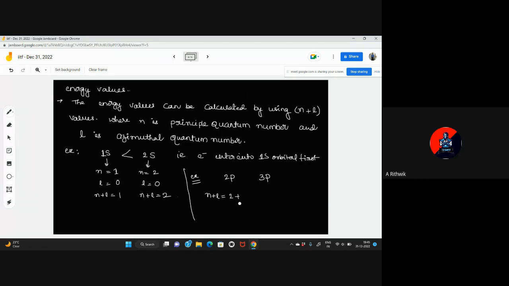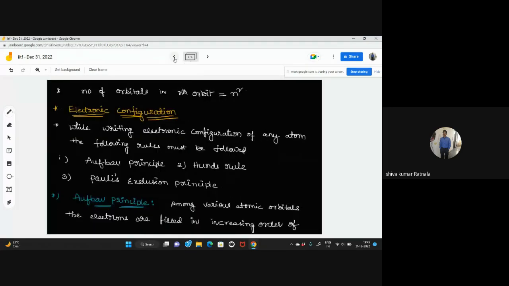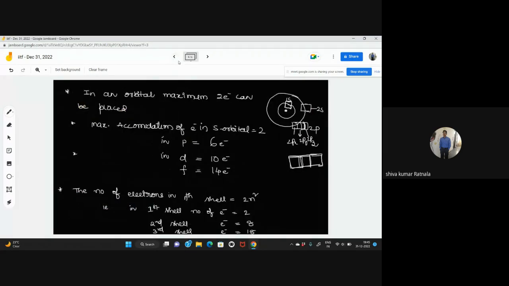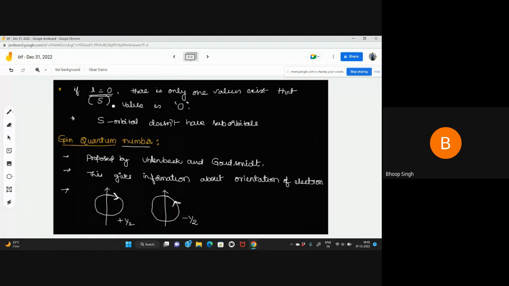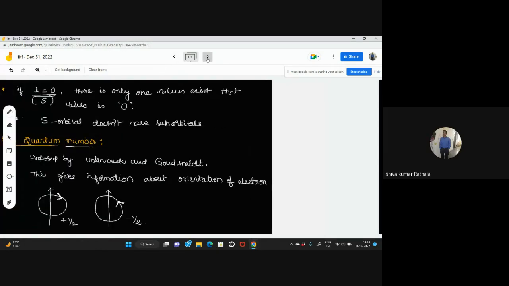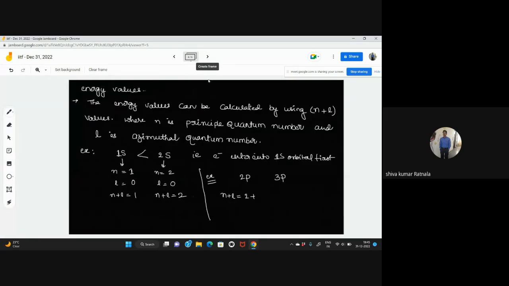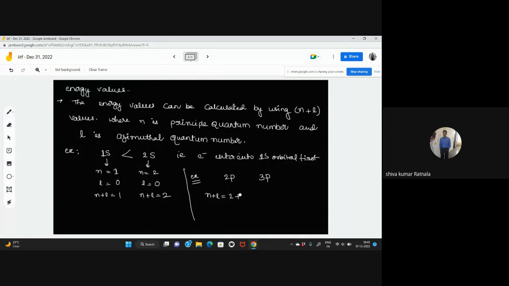L equal to 0 means s orbital, L equal to 1 means p orbital, L equal to 2 means d orbital. So for 2p, n plus L is 3, whereas for 3p, n plus L is 4. So the electron will enter 2p first.